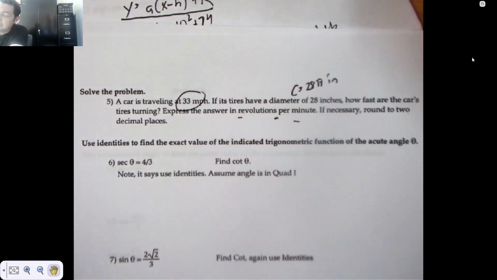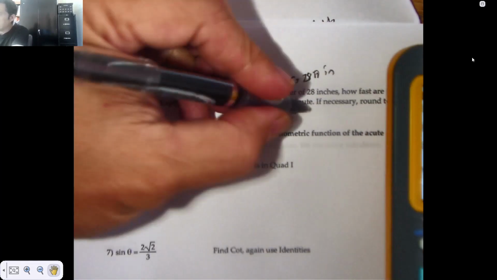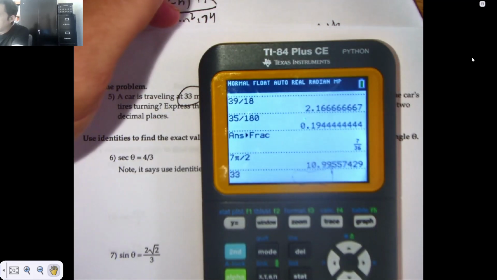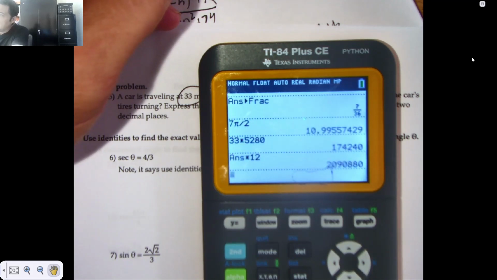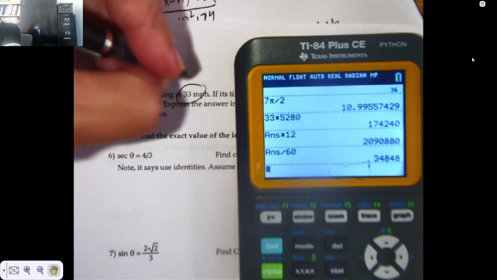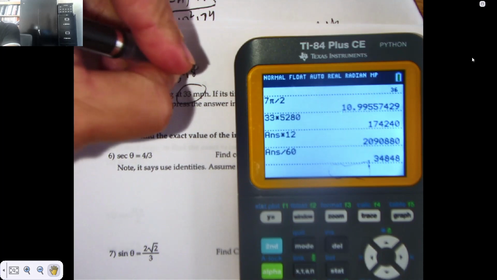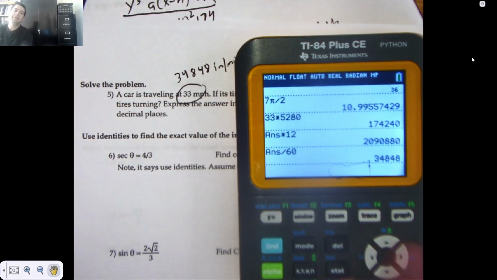This needs to be in inches per minute because they want revolutions per minute. So 33 times 5280 gets me feet, times 12 gets me inches. And there are 60 minutes in an hour, so divided by 60, there we go. 34,848 inches per minute.